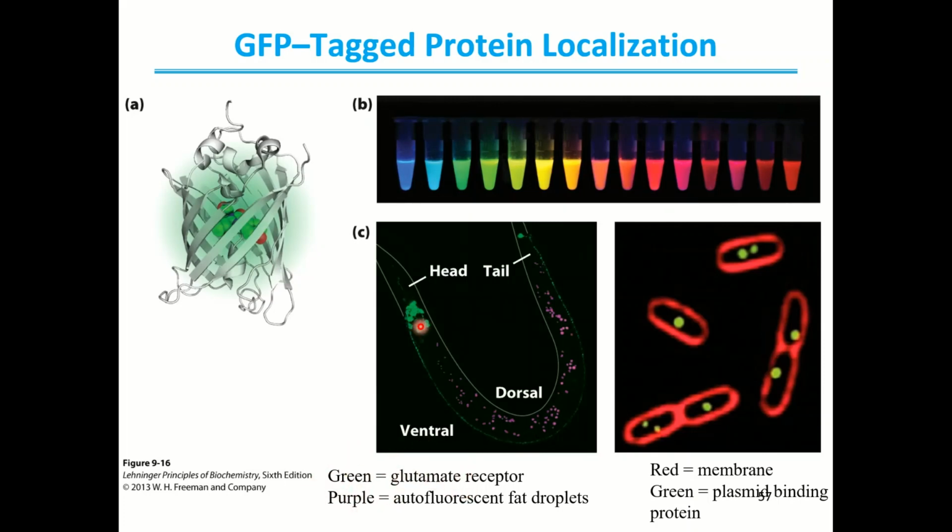Green is a glutamate receptor, purple is fat droplets. In this picture, red is the membrane, and green is a plasmid binding protein. If you had green and red, two different proteins, in the same location, then you'd get something that looks sort of yellow.